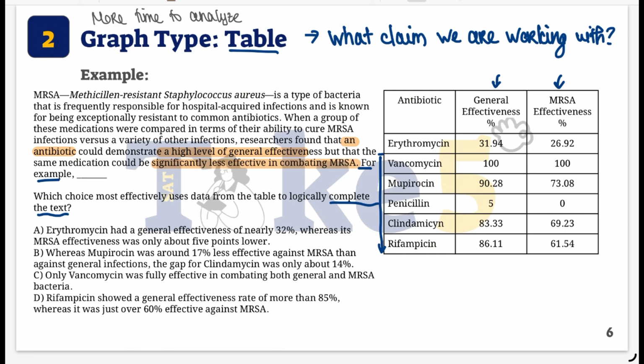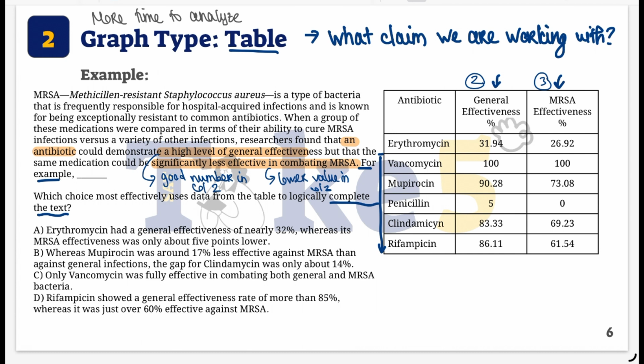So we want to find a row that represents the antibiotics that have a good numerical percentage on the second column, but a much lower value on the third column. To help us interpret more easily, let's call these antibiotics by their initials.